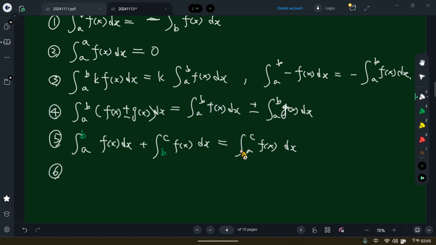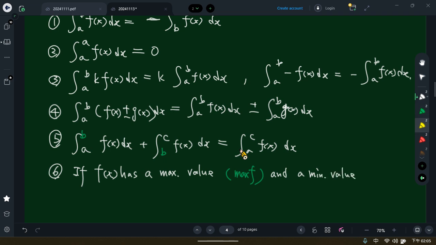The sixth one is if f of x has a maximum value, we call it max f, and a minimum value, we call it min f, over AB.